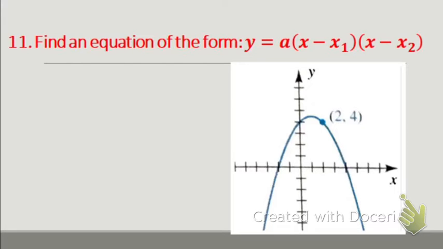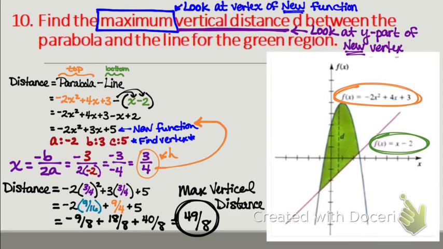Yes? From the previous one, would it change anything if it was like minimum? If it was a minimum, yes and no. Asking for a minimum distance for two things that cross, like right here, the minimum distance between those would be 0.